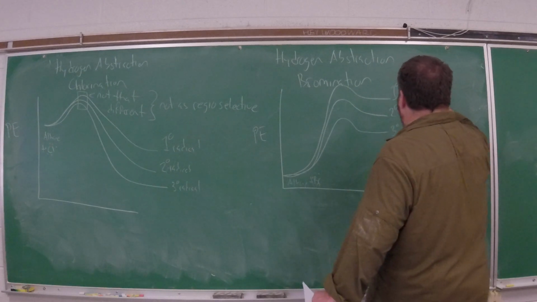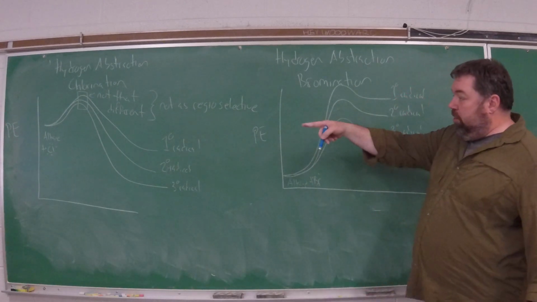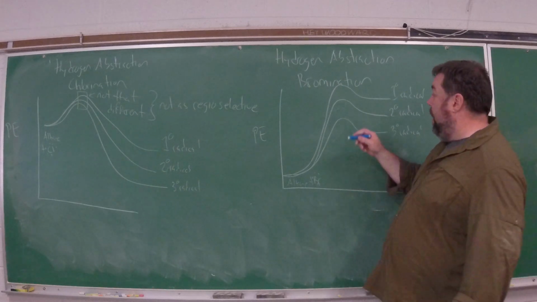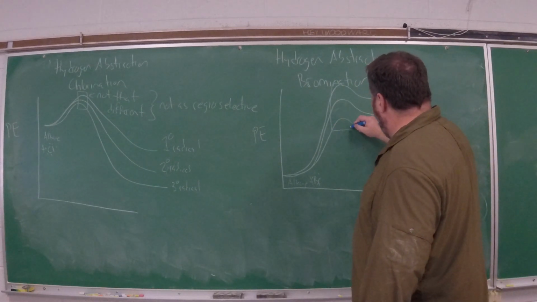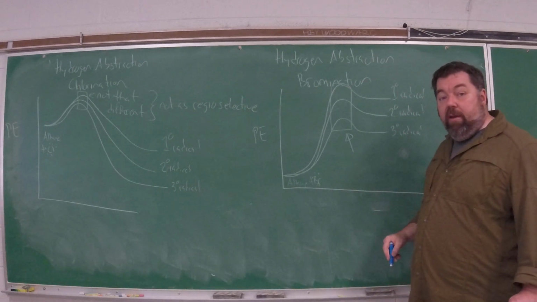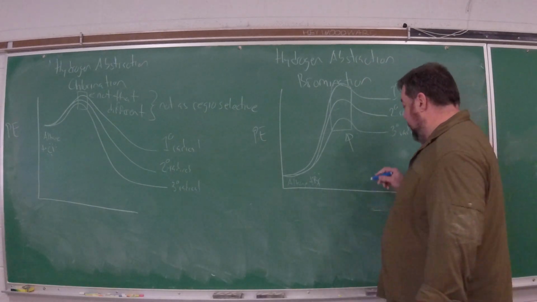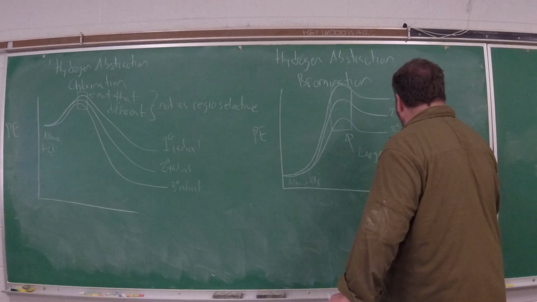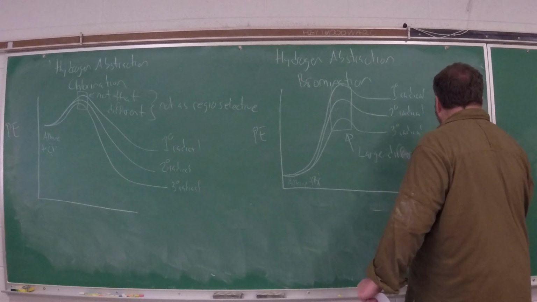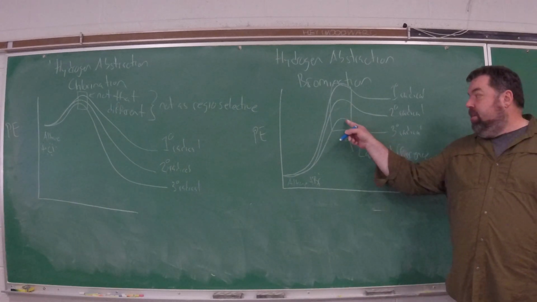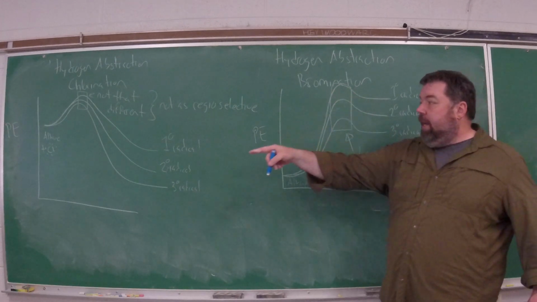Or primary radical. Now, assuming these are on the same scale, which they're supposed to be, I'm trying to draw them that way, look at here. Large difference in the activation energy. Thus, bromination is more regioselective, because this energy is quite a bit less than that energy.